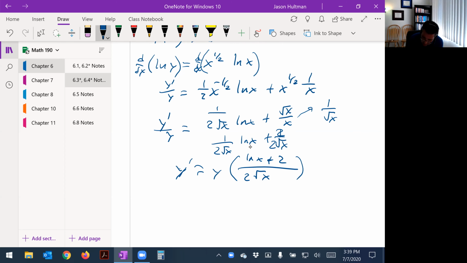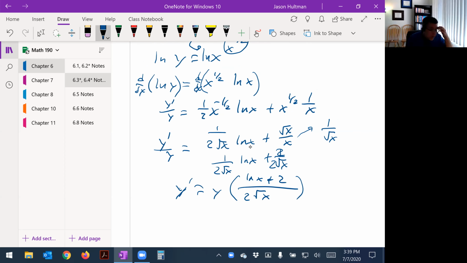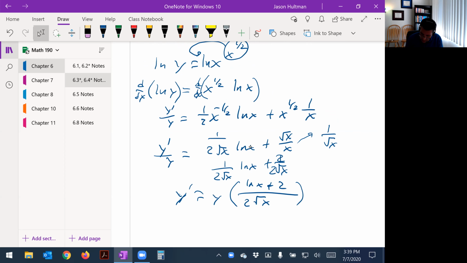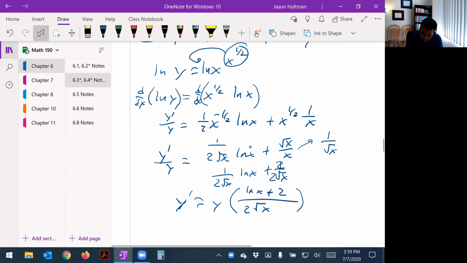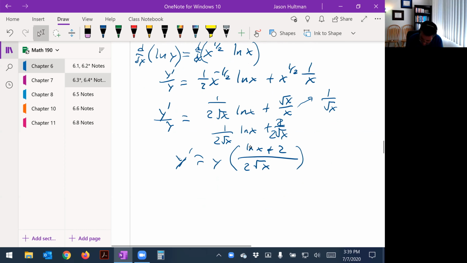What was our original function? y was equal to x to the radical x. So it was x to the radical x times the natural log of x plus 2 all over 2 radical x. And that's the derivative of that one. Cool.